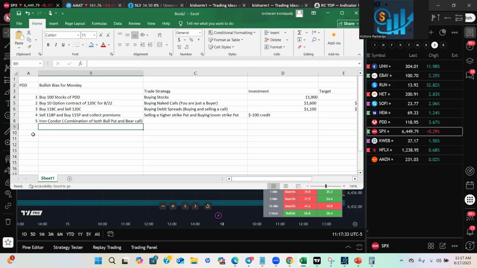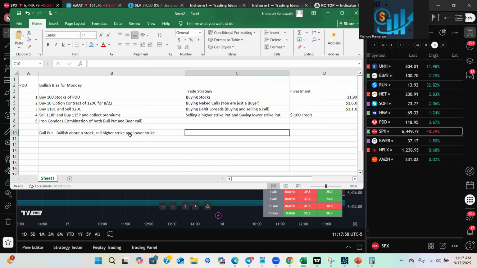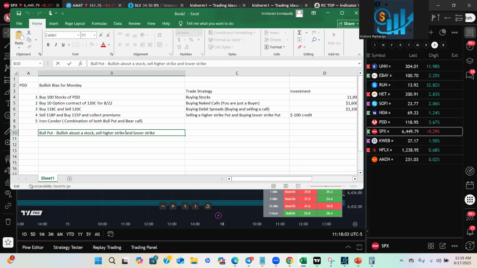So for example, let us say, what is a bull put? When you are bullish about something, you are selling a higher strike put and buying a lower strike put.